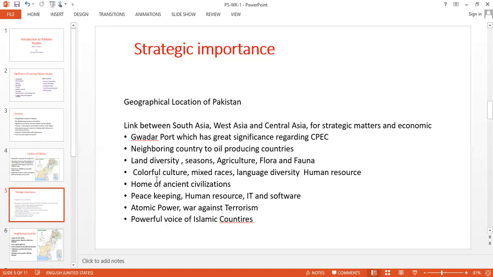Pakistan is also significant for its colorful culture. The public of Pakistan is a public of many combinations. They are of mixed races.